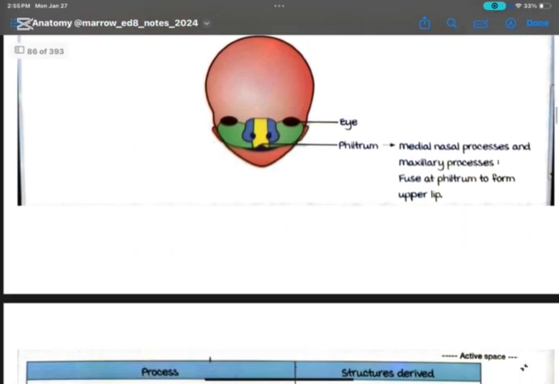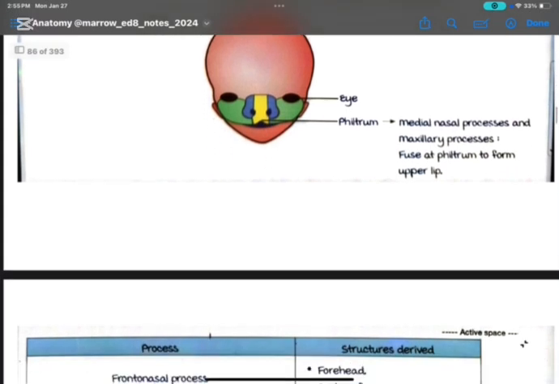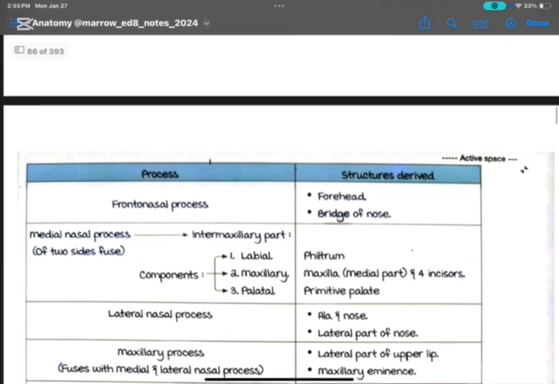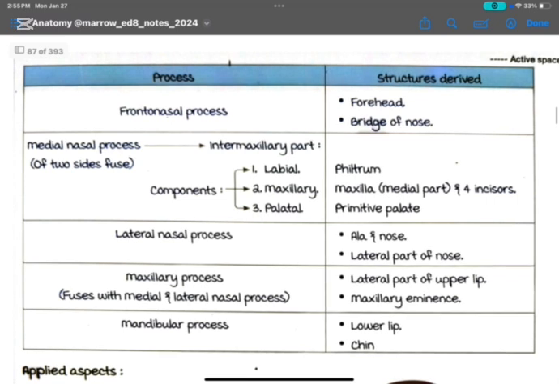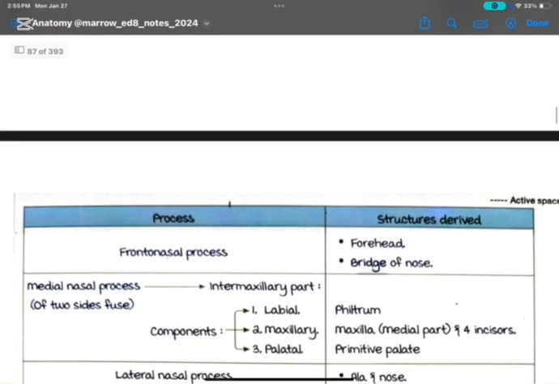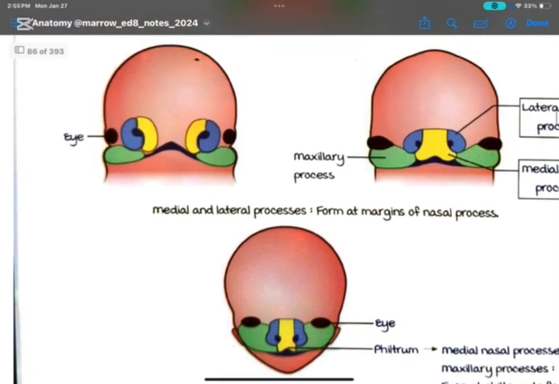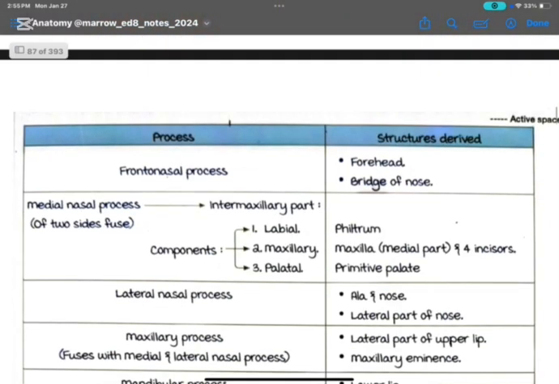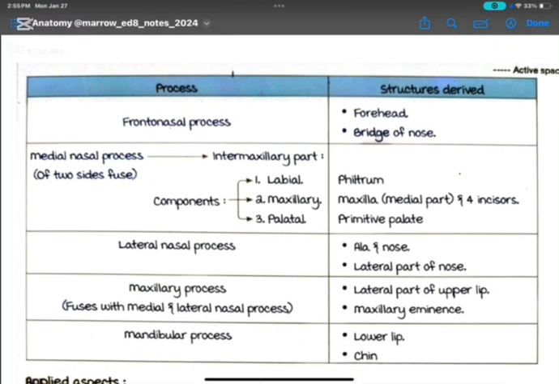Philtrum is from medial nasal processes and maxillary processes. Fuse as philtrum to form upper lip. Process and structures derived: frontonasal process, forehead and bridge of nose. Medial nasal process, intermaxillary part of two sides fuses.